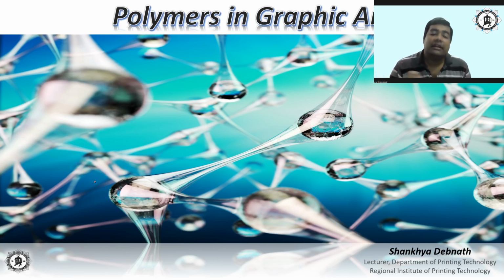And if there is any problem, any unwanted consequence during the print production related to some of the polymeric materials, you will be able to do the root cause analysis. So that is our outcome. Our outcome is not to prepare some new polymers and write chemical structures. That is not the outcome.